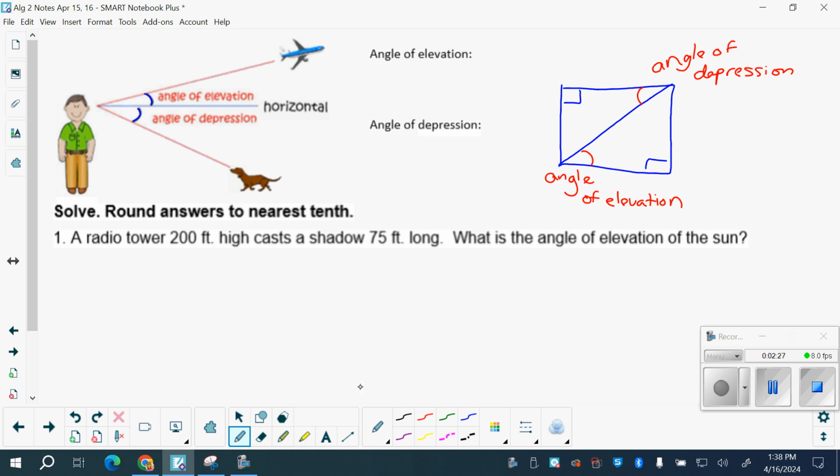What do we know about opposite sides of a rectangle? They're going to be congruent. That's right. Good.